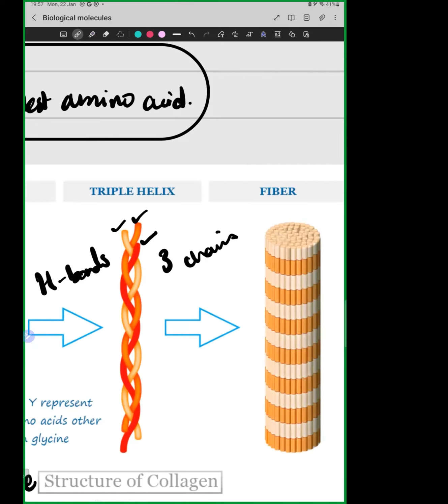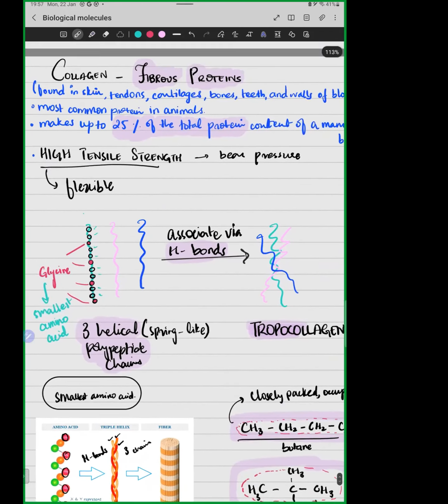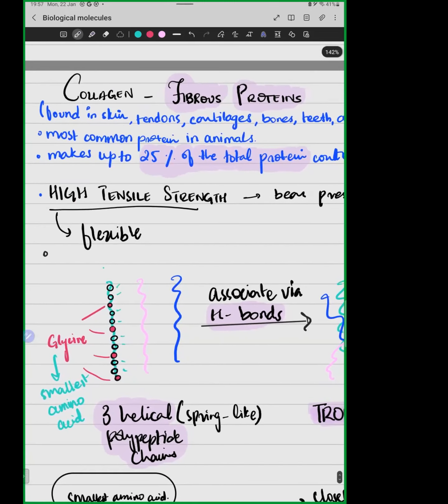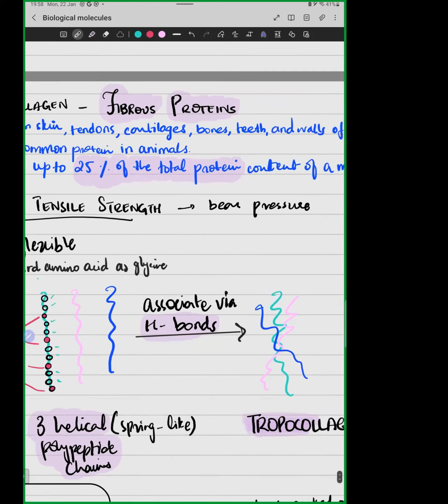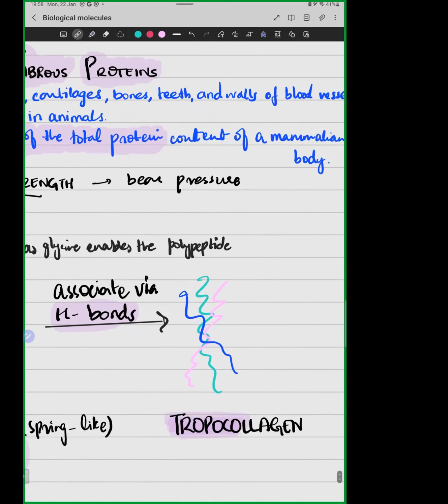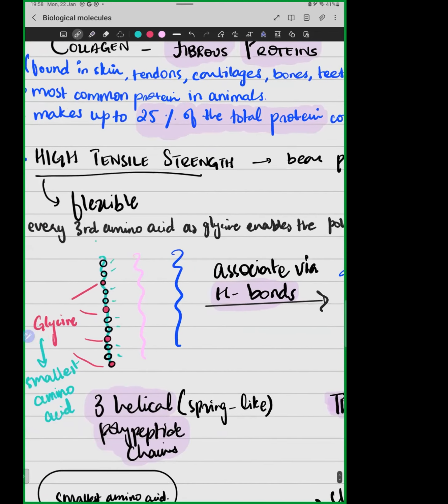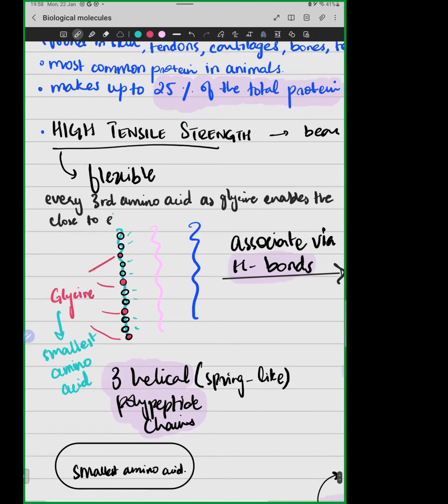be held close together. So this enables every third amino acid as glycine enables the polypeptide chains to lie close to each other.